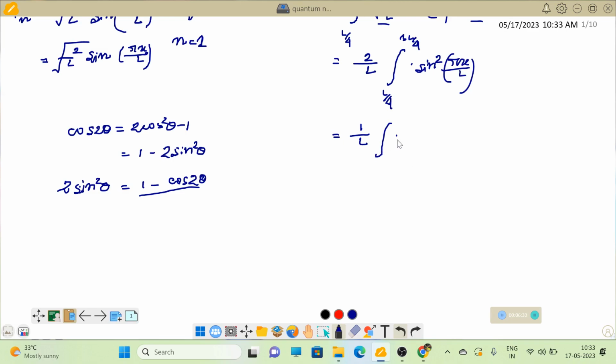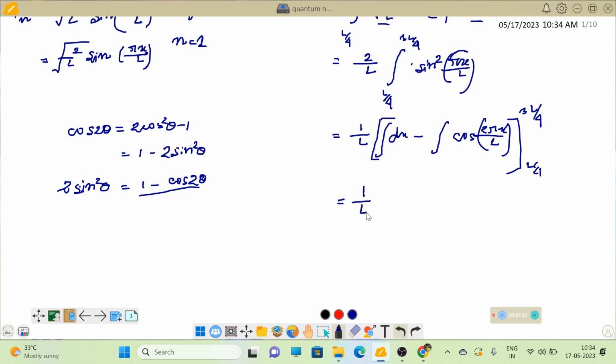I am separating this at a 1 because there is very little time, so when you do the calculation you can skip the steps as well. So you can write directly 1, that is dx, minus the integral of cos 2 theta, and 2 theta means 2 pi x by L, with limits L by 4 to 3L by 4.